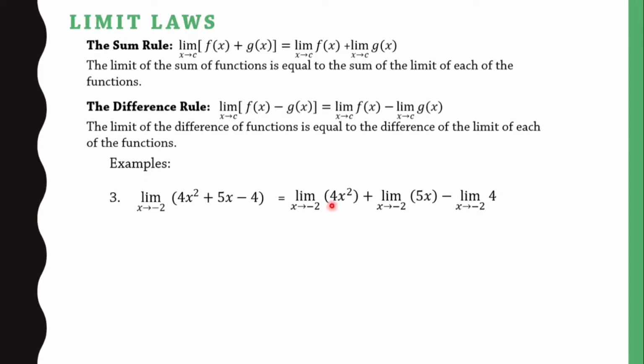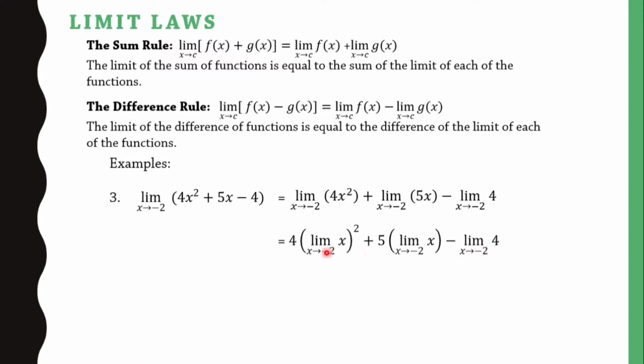So again, we can still simplify and break this down. For 4x squared, we take out 4 as our constant multiple. We take out the exponent, and we have 4 times the limit of x as x approaches negative 2, squared. Plus, for 5x, we take out 5 as our constant multiple. That's 5 times the limit of x as x approaches negative 2, minus the limit of 4 as x approaches negative 2.